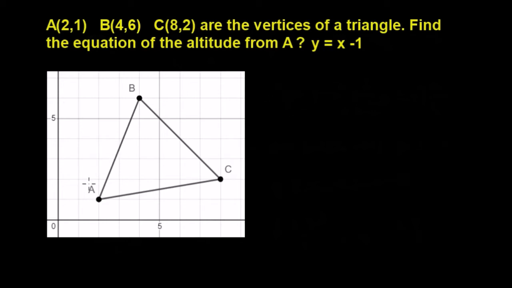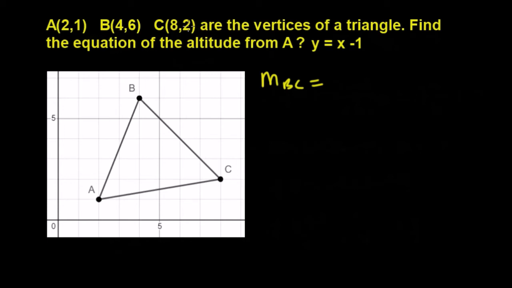So we're looking for the equation of the altitude from A to BC, and we know that we can find the gradient of BC. So what is the gradient of BC? We'll say m_BC is going to equal y2 minus y1 upon x2 minus x1.